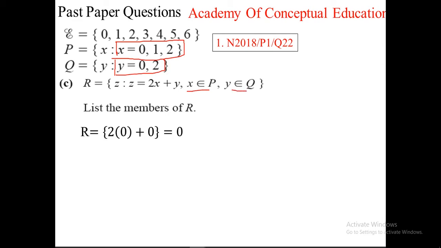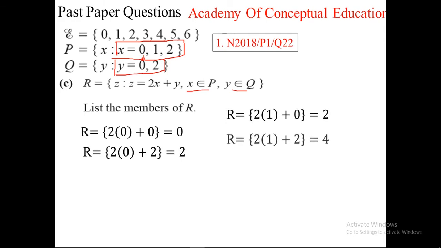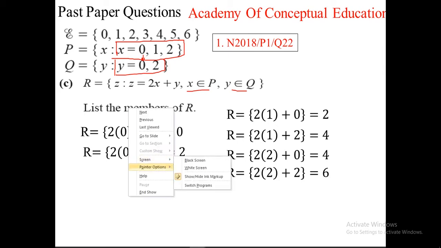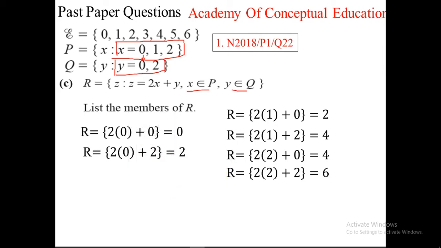So we will directly, first of all, put 0 and 0. We will get the result. Then we will put 0 and 2. Then 1 and 0. Then 1 and 2. Then 2 and 0. And then 2 and 2. What does it mean? It means that we have the expression 2x plus y, and we are putting the values of x and y in this equation.